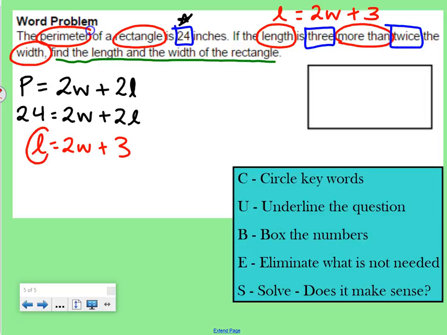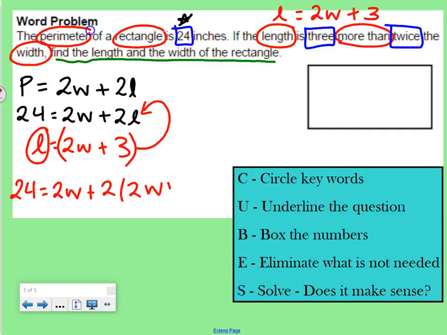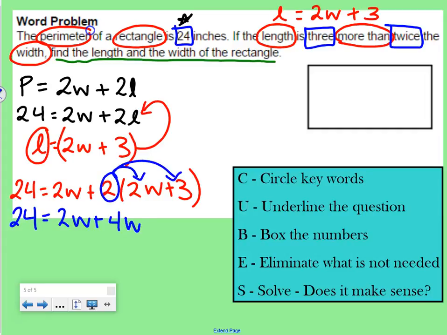Substitute. L comes off the playing field. 2w plus 3 goes into the playing field. So we have 24 equals 2w plus 2 times 2w plus 3. We're making that substitution. Now we solve for w. 24 equals 2w plus, distribute that 2, 4w plus 6.